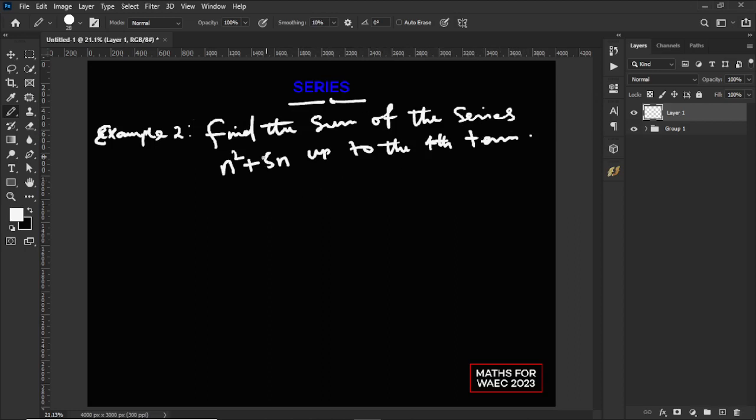So how do we find this now? Solution. Listen to this question, I have to be very careful here. The question says you should find the sum of a series whose nth term is given like this.